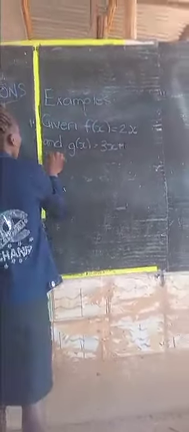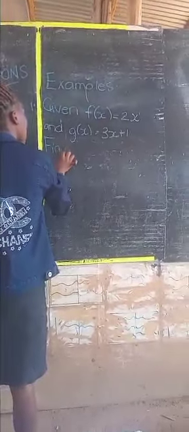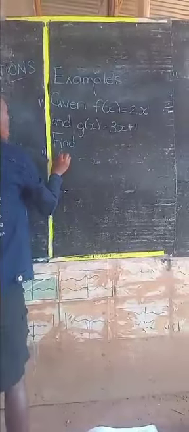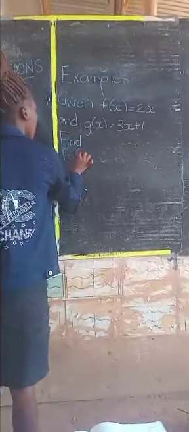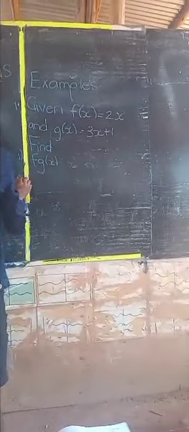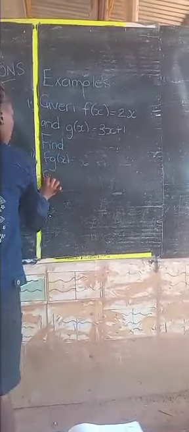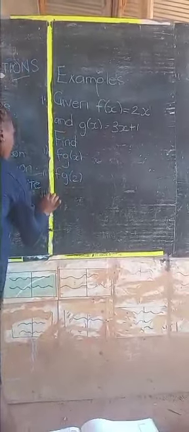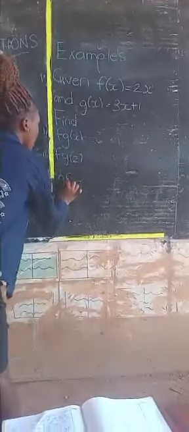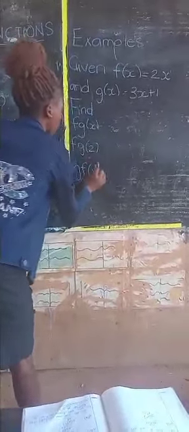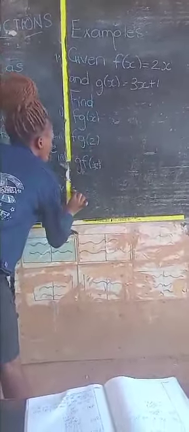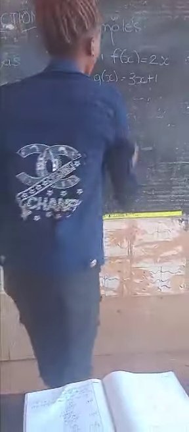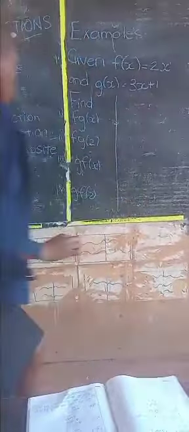Find: Roman 1, f(g(x)). Roman 2, f(g(2)). Roman 3, g(f(x)). And Roman 4, g(f(2)). So here we are going to have our solutions.